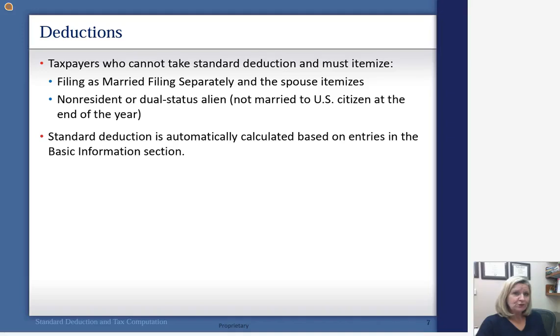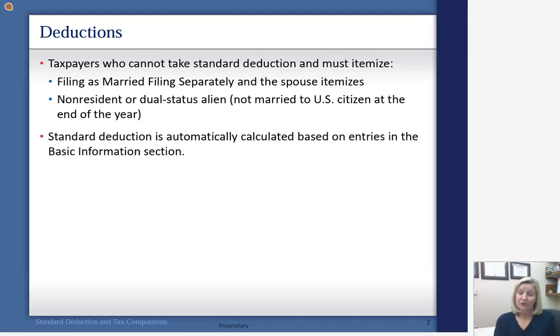So taxpayers who cannot take the standard deduction and must itemize are as follows. If you are married filing separately and your spouse itemizes, you have to itemize. They do that so that you can't say, let's say you have itemized deductions that total $17,000, right?